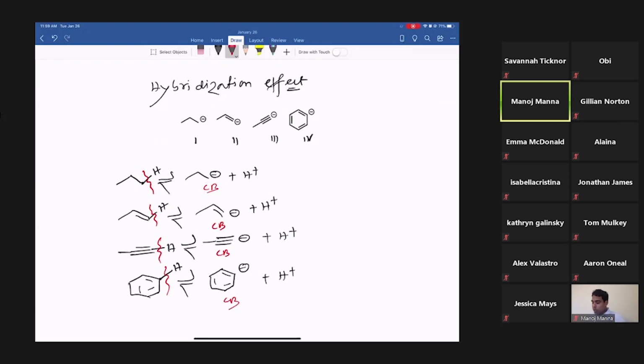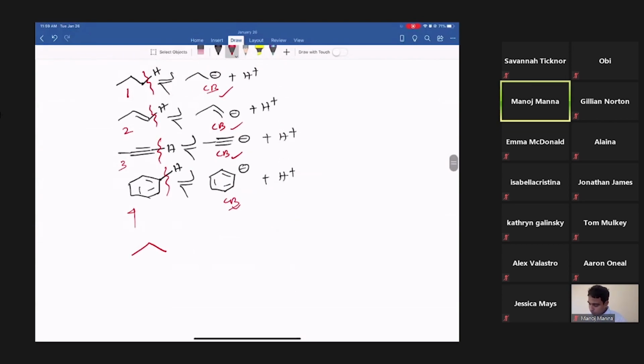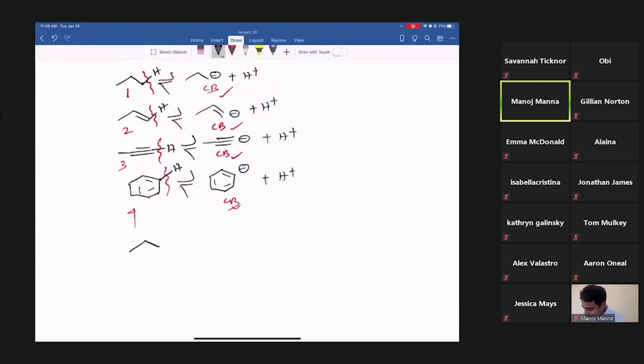Correct. So now the question is, we want to see how the hybridization affects the acidity. Comparing these 4 molecules, 1, 2, 3, 4, which one is more acidic? If I want to decide which one is more acidic, we have to consider the stability of the conjugate base. So which one is the more stable conjugate base? That we have to decide. What I said again, we have to compare the stability of the conjugate base.